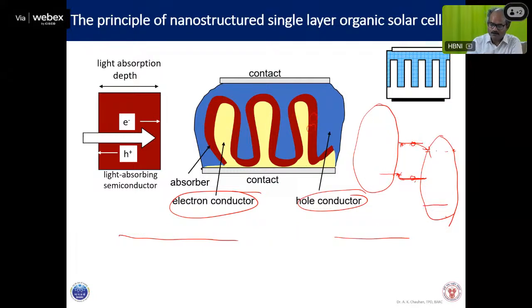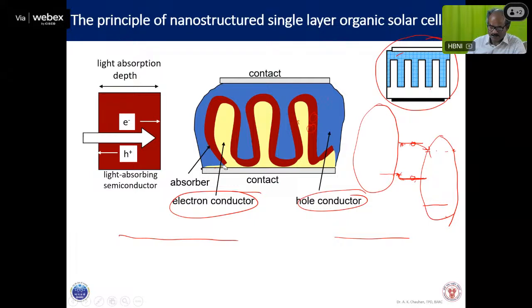You have an active layer. The active layer is the blend of the donor and acceptor that we call the active layer. You deposit the active layer and make such assemblies, in which you have the hole transporting material on one side and the electron transporting material on the other.